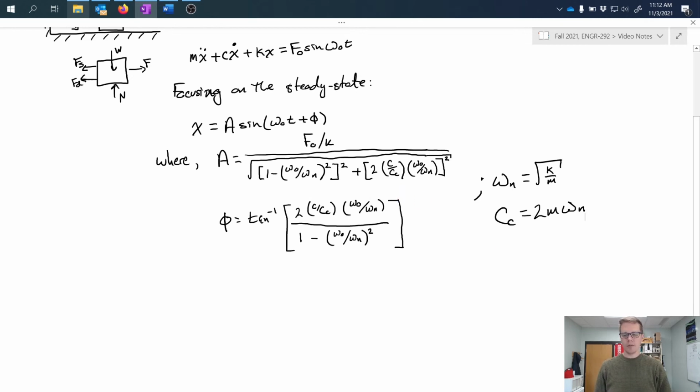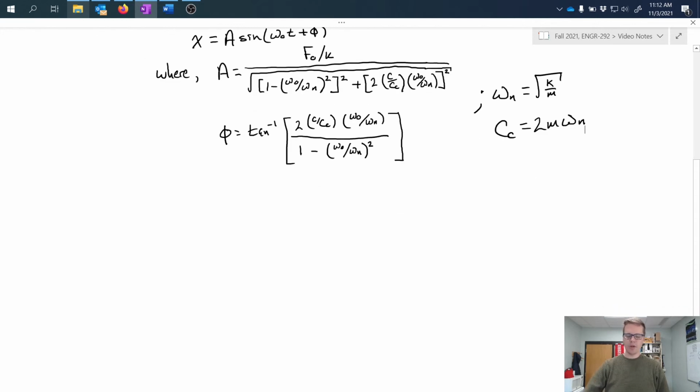So like we saw before with forced vibration, we want to compute a magnification factor. The magnification factor is basically the magnifier on the amplitude of the force. So if the force going into our system looks like this, then we want to know how that is getting magnified by the mass and the other components of our system, the spring and the damper.